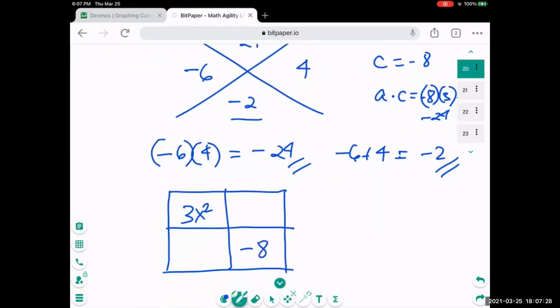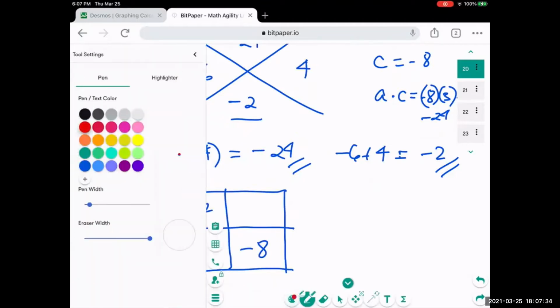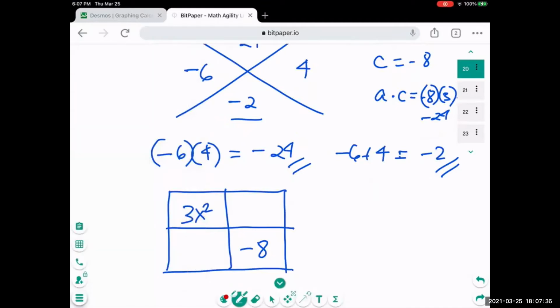So for the negative 6 we got, let's try changing the color of the pen. So negative 6, we put here as 6x. And the 4, we put here as 4x.